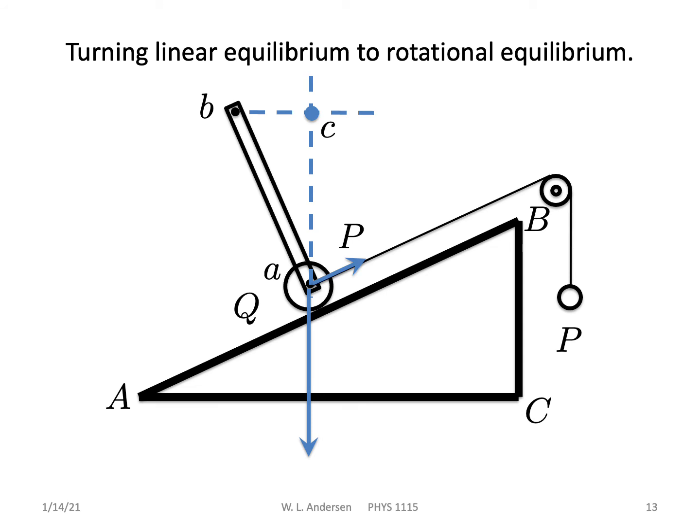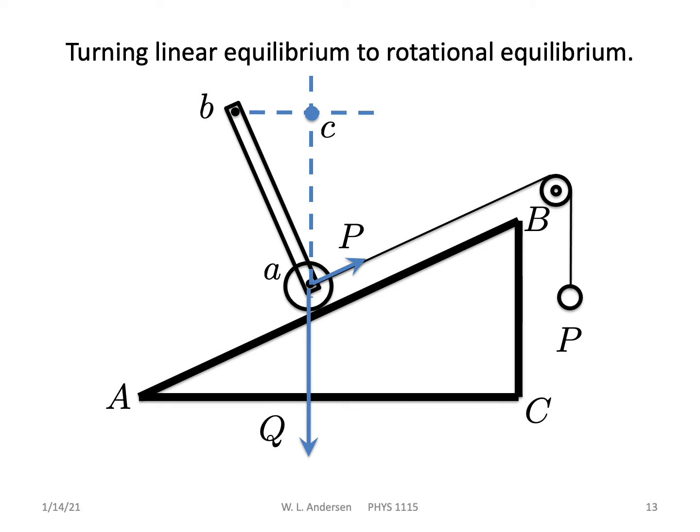All right, we've drawn two arrows representing the action of the weights P and Q. If there's 10 pounds attached at P, then clearly there'll be 10 pounds acting along the rope at the location of Q, and I've labeled that blue arrow P to represent the action of the hanging weight on the object Q. Also, of course, there will be the weight of the object.